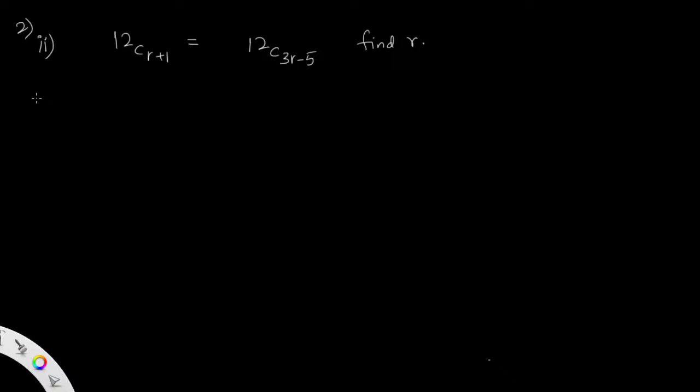So write the formula as: if nCr equals nCs, then r equals s, or n equals r plus s. This is the formula.